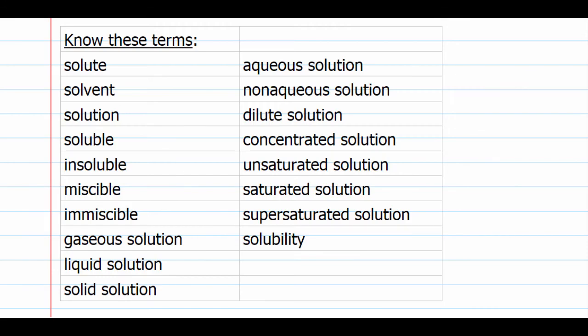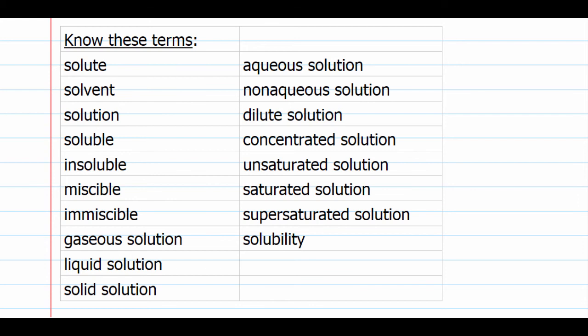So come back here. Let's start writing down some definitions for these as a class. The stuff that gets dissolved is the solute, which means that the dissolving agent is called the solvent. So the stuff that gets dissolved is the solute, and the stuff that the solute gets dissolved into is called a solvent.